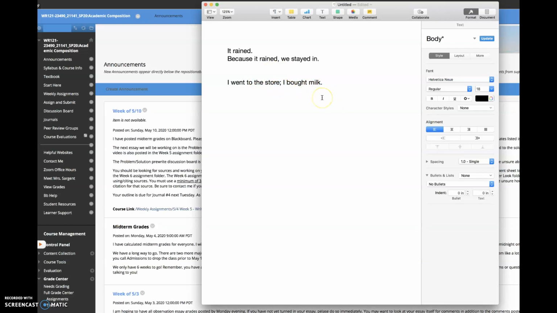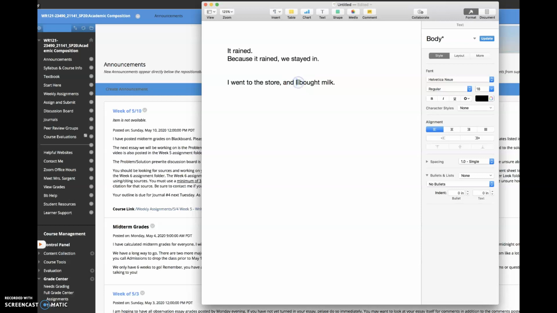The third way I can fix this is I can use a comma and a conjunction. I went to the store, comma, and I bought milk. And, but, or, nor, for, so, yet, those are all conjunctions that join together sentences. So if I have two complete sentences and I want to join them together with a conjunction, I've got to make sure I use that comma.